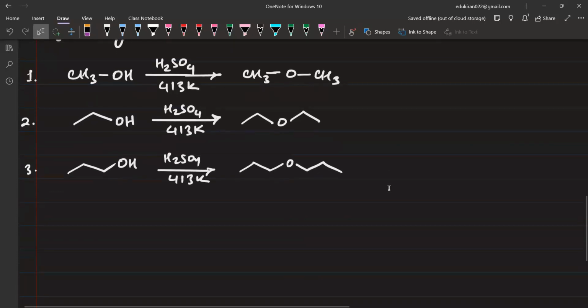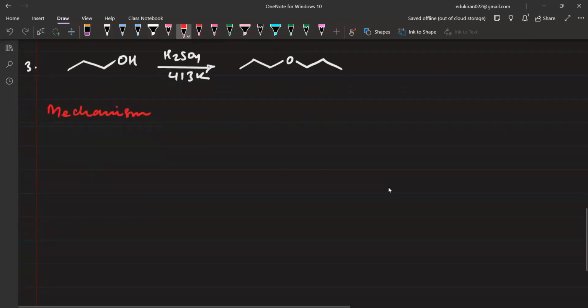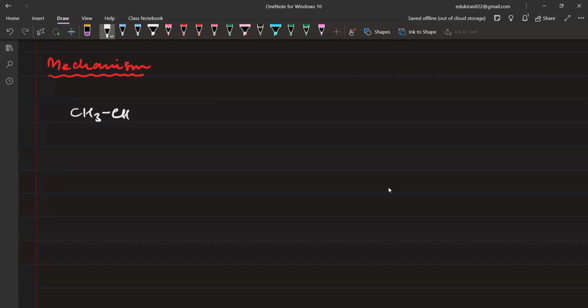Let us see the mechanism for this reaction. So we will do the mechanism of CH3CH2OH in the presence of H2SO4 and 413 Kelvin.